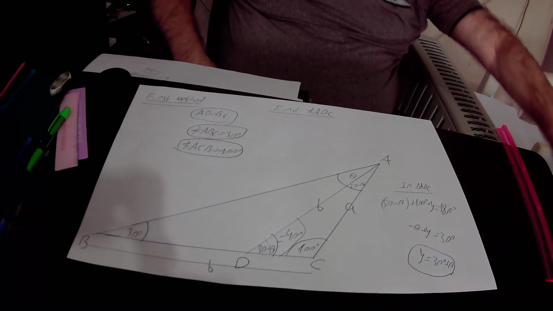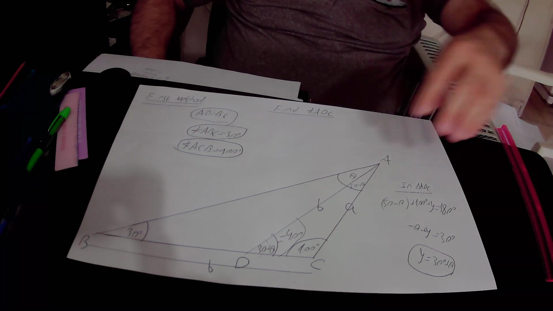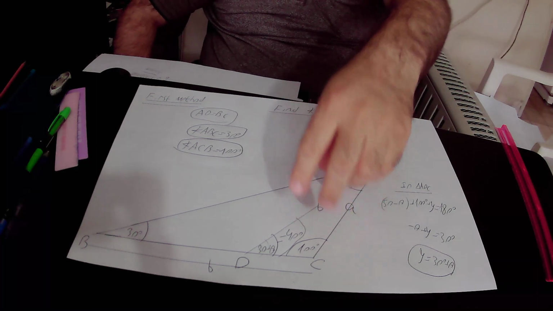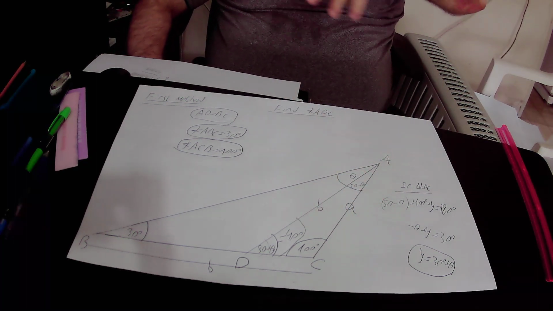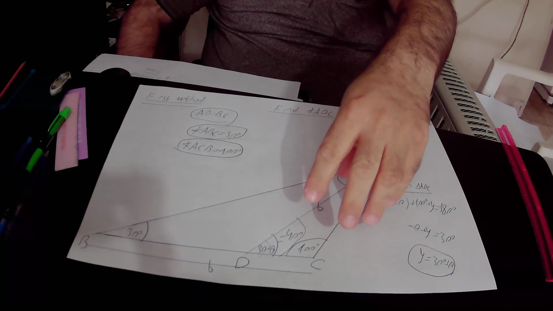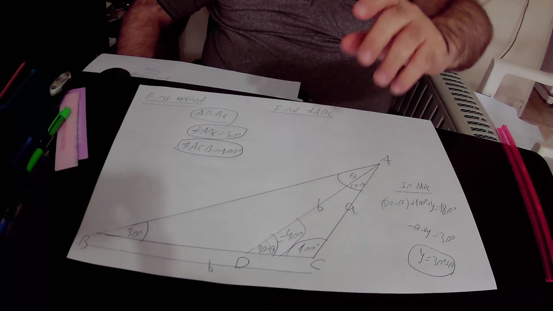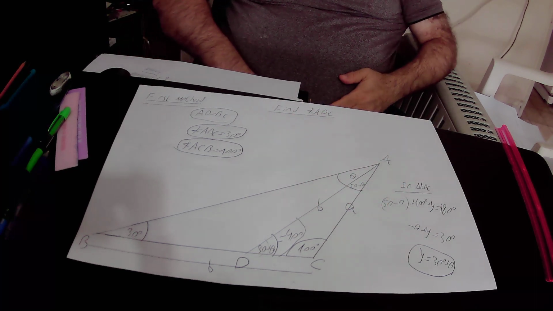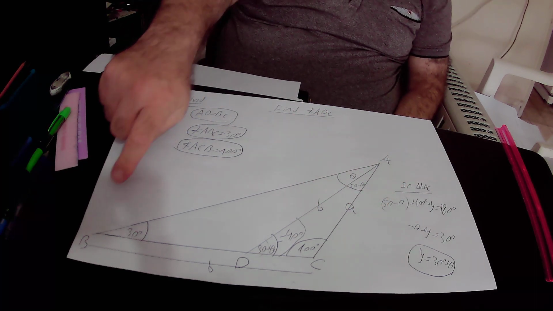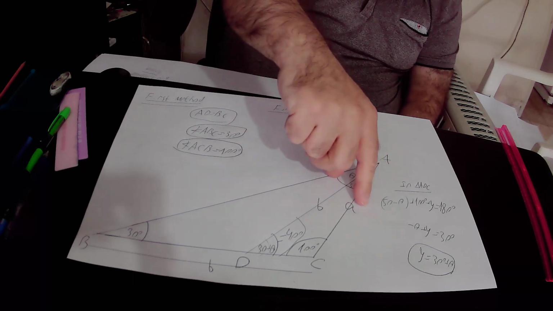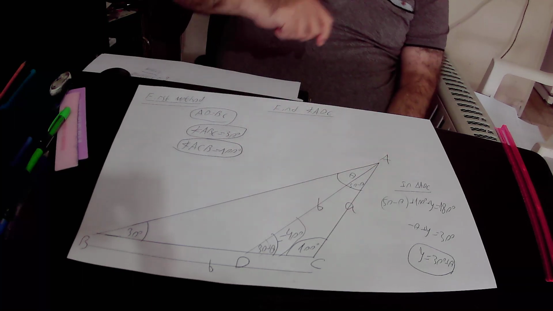Then I copied triangle ADC in a new page, and we implemented the law of sines in this triangle. But first, we have already found that angle BAC equals 50 degrees.